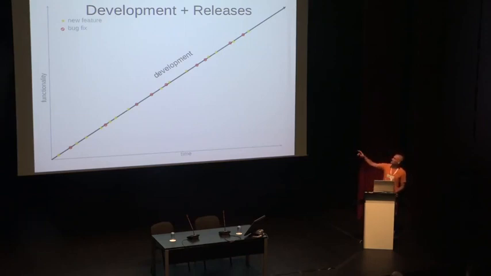All the stars are new features, and all the red ones are the bug fixes, because there are bugs all the time, and they're fixed, and that's the way QGIS improves over time. That's a continuously ongoing thing. So every few months there is a release of QGIS, and then it's compiled and everyone can download it.